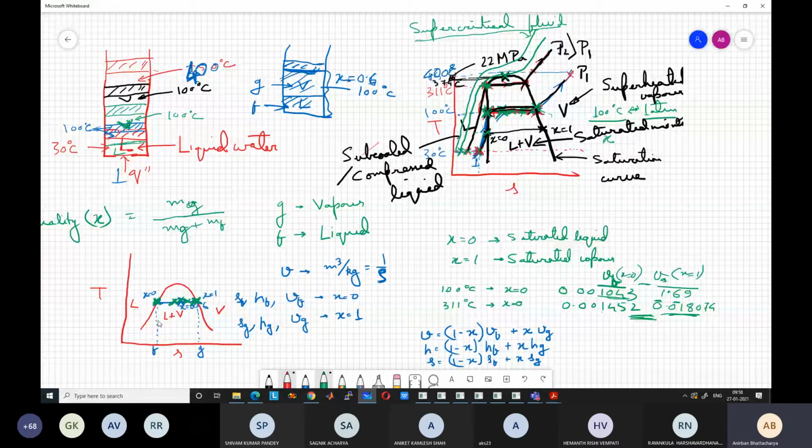The new vapor that forms does not form at an intermediate point. The new vapor always has the property of saturated vapor: Sg, Hg, Vg, all these points. So the vapor that forms, even if there is a small amount of vapor, has the property of saturated vapor. However, the average property, what has happened?